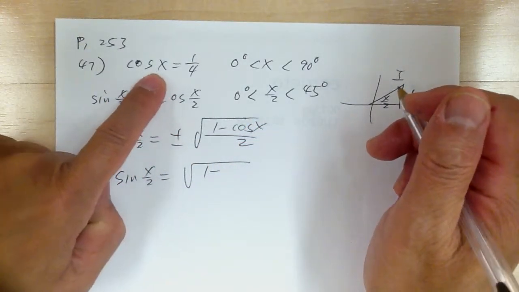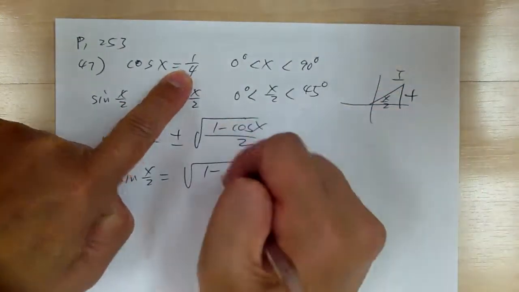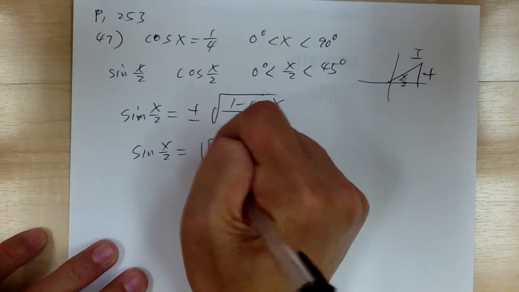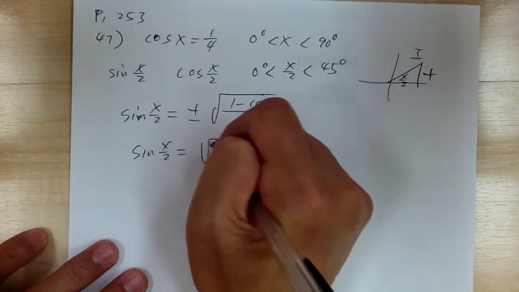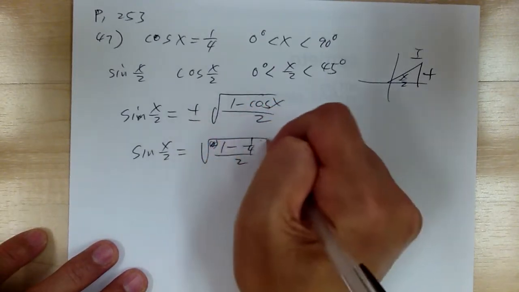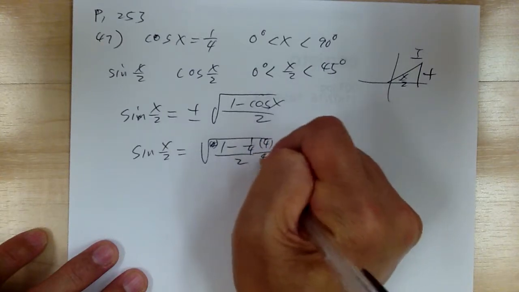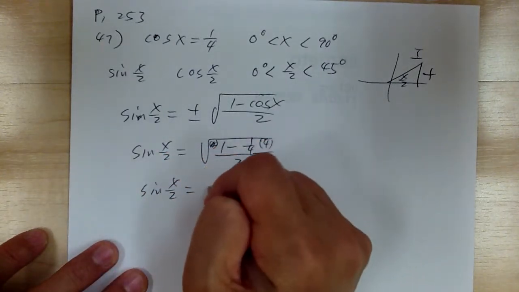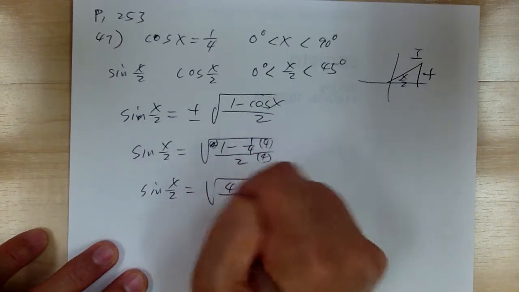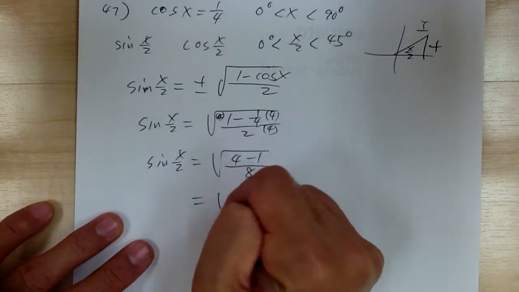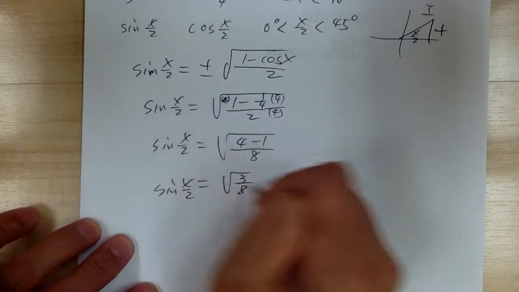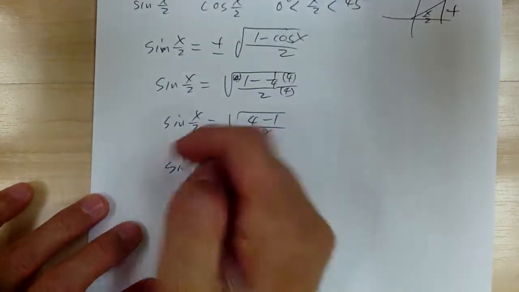Cosine is 1 over 4, so it'll be 1 over 4 over 2, and multiply by the common denominator, multiply by 4. So sine of x over 2 equals positive square root of 4 minus 1 over 8, which equals square root of 3 over 8. If you just leave it like that, that's fine. If you want to simplify it, that's fine.